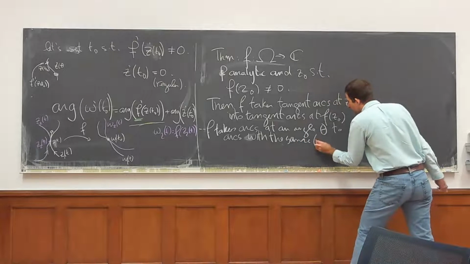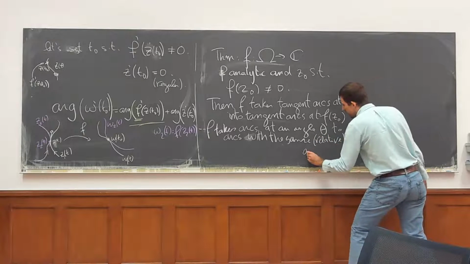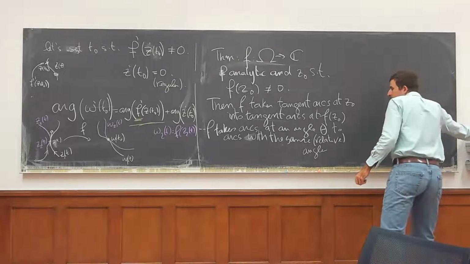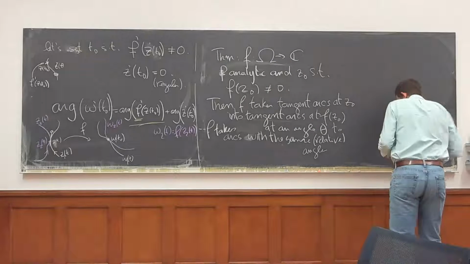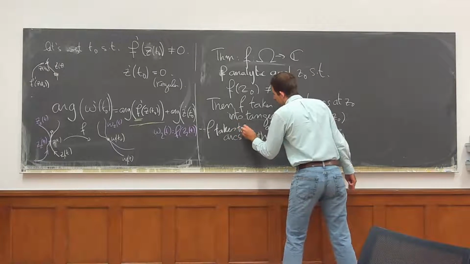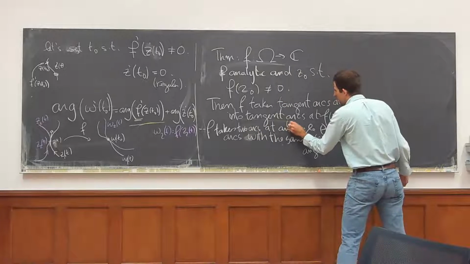Same, I mean angle as in relative angle. Takes, yeah, okay, I should write here, takes two arcs, because the angle between them, takes two arcs at a relative angle.